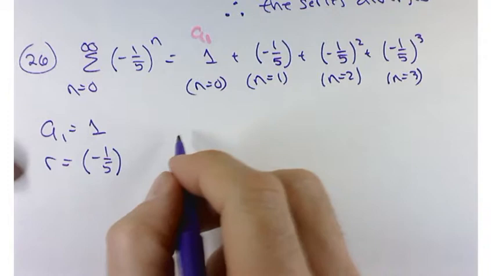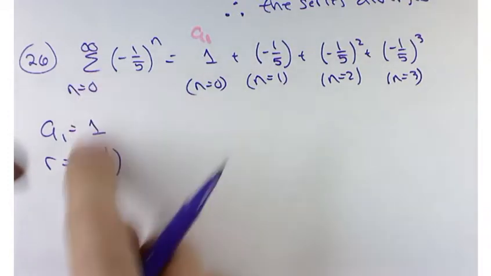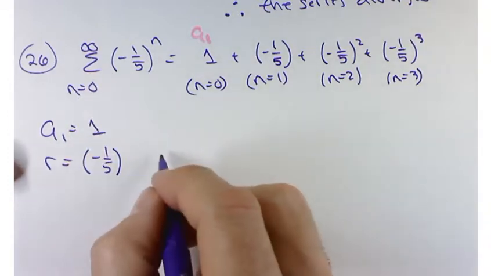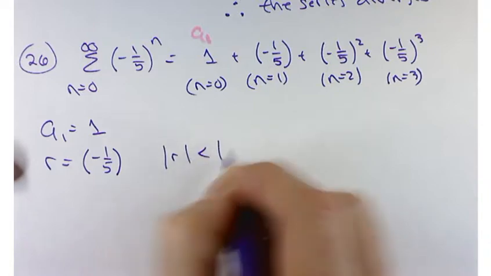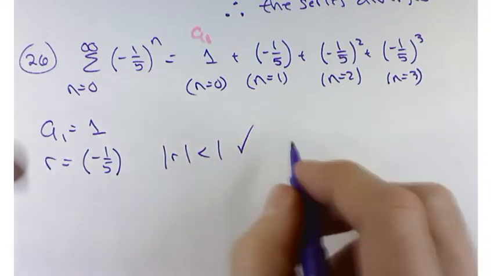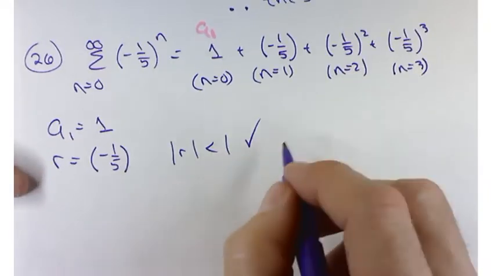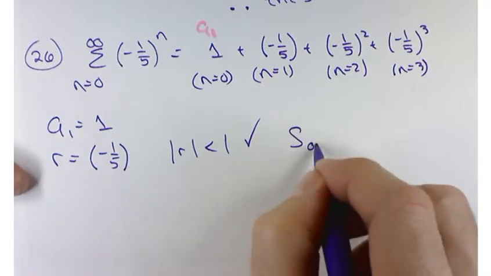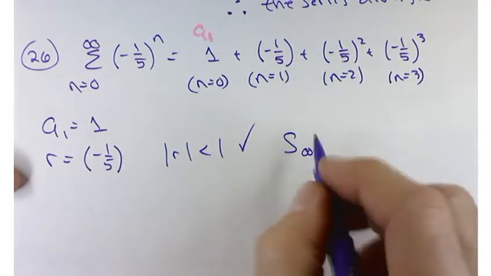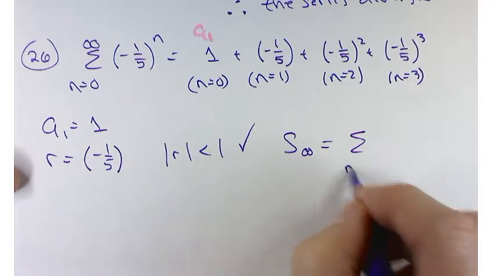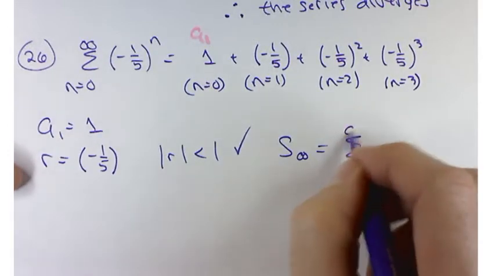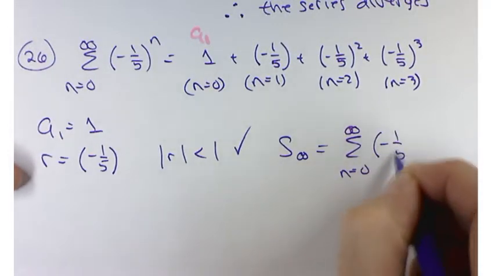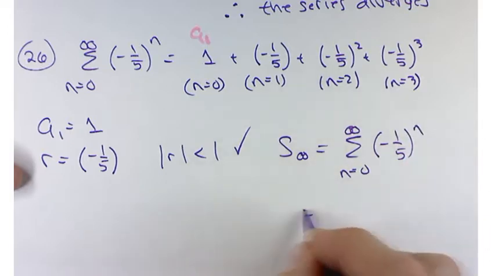But in this case, because the absolute value of r is less than 1, that works, then I can find what I'll call S sub infinity. That is the entire sum here, the sum from n equals 0 to infinity of negative 1/5 to the nth power. So it's kind of cool that we can do that.